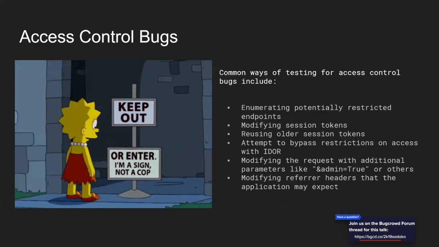Attempting to bypass restrictions on access with IDOR, insecure direct object reference, and modifying your request with additional parameters. People like to put things like admin equals true or test equals 1. And modifying referer headers that the application might expect, so you can actually spoof those and say that you came from some other part of the application.